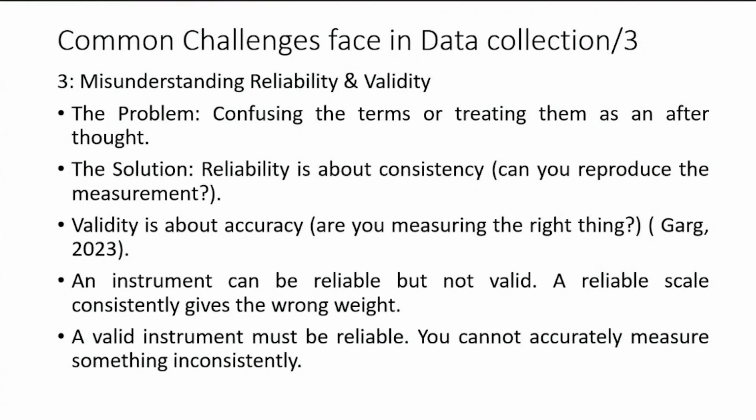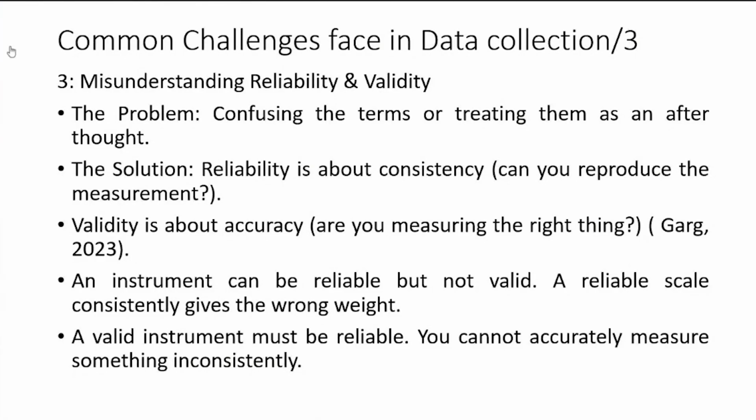Are you measuring the right thing? And for you to do validity, like a content validity index, you give it to people who will check the concepts within the instrument and see that they are measuring the right thing that this research topic is out to find out.